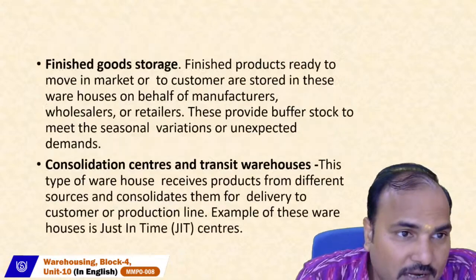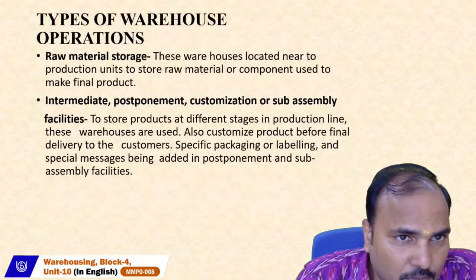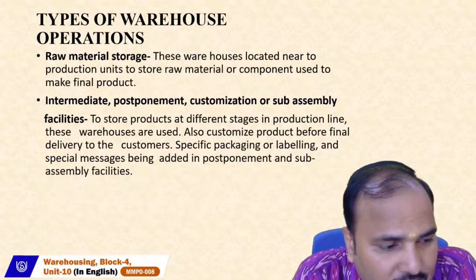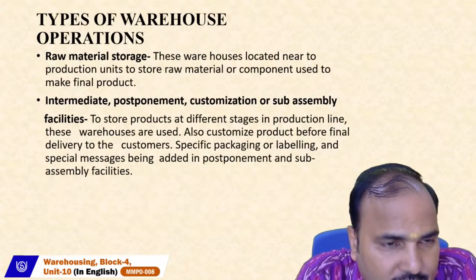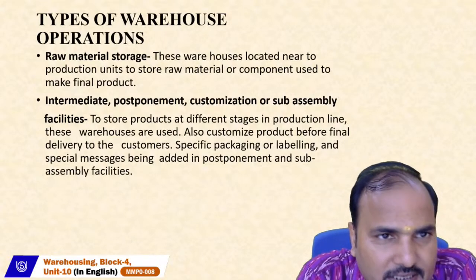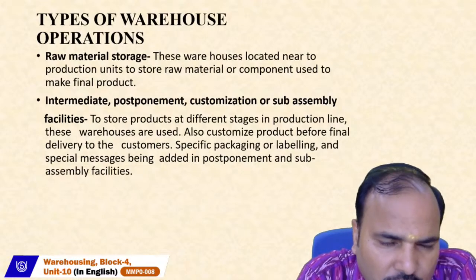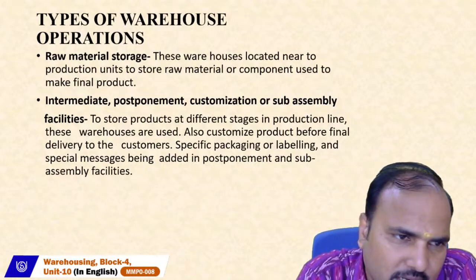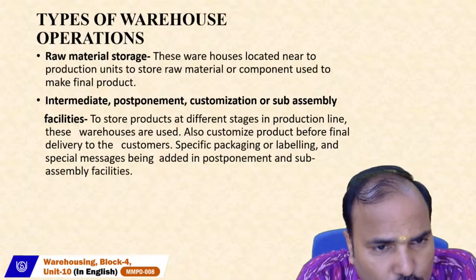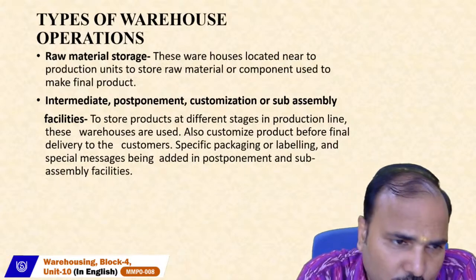So what happens here? I am again repeating the types of warehouse operations. I am just briefly discussing the types of warehousing operation, which we have already discussed. One is raw material storage, another is intermediate, postponement, customization, or sub-assembly facilities.